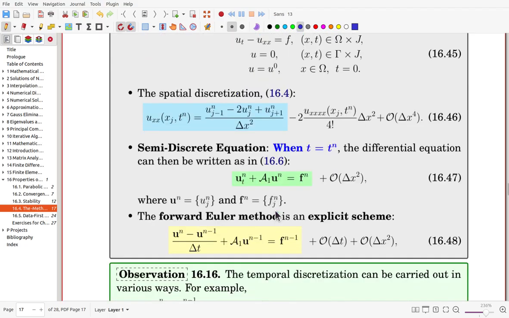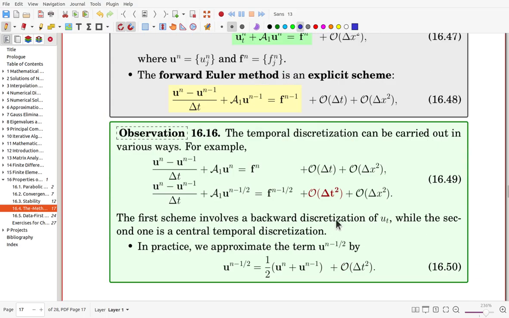Now, once we discretize this time derivative with a forward difference, it becomes the Forward Euler method, an explicit scheme given in this equation. So the truncation error becomes this quantity.